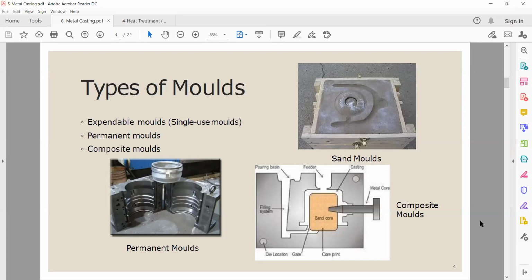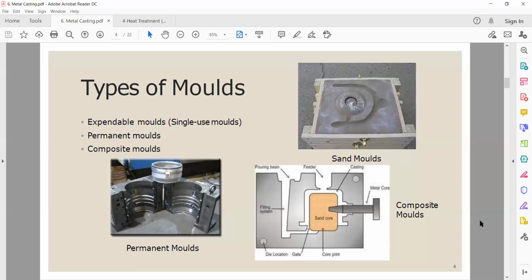So that is permanent mold, right? Another type of mold available is composite mold. Composite mold means it is made of composites, right? So the main two types of mold are expandable mold and permanent mold.